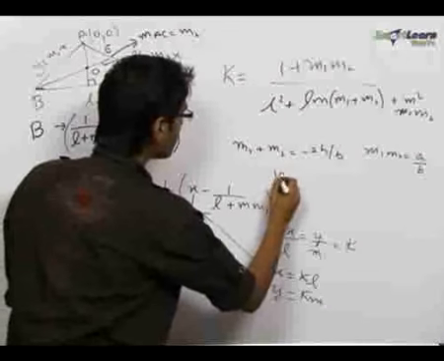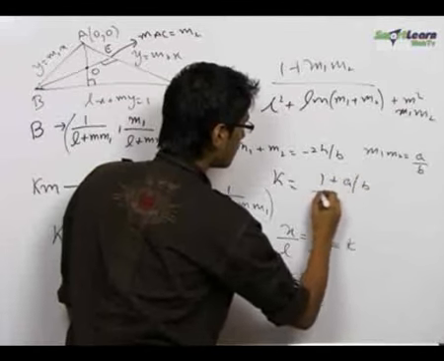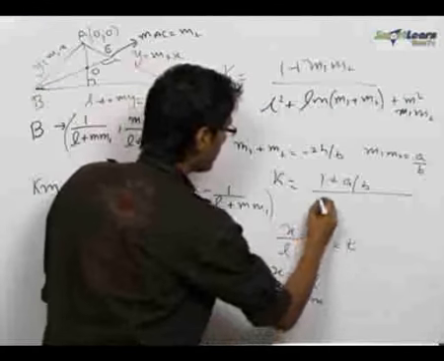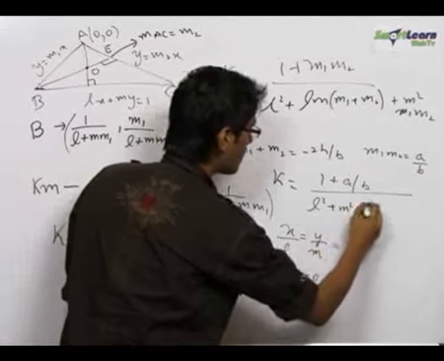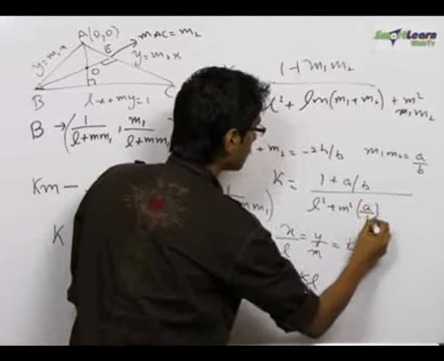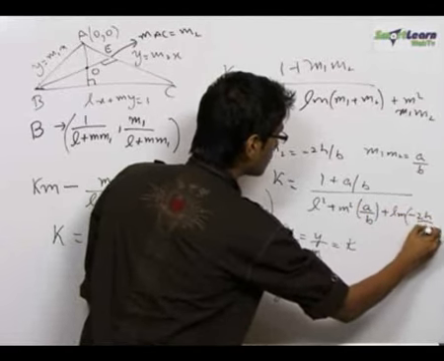So we get the value of k as (1 plus a upon b) divided by (L square plus m square times a upon b plus Lm times minus 2h upon b).